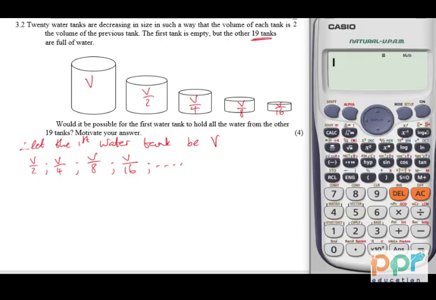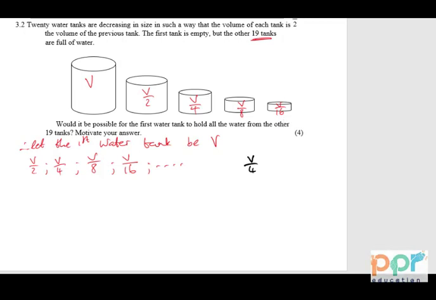So what we can do, we'd say V over 4 divided by V over 2 and see what it's all about. So we know V over 4 divided by V over 2 is the same as V over 4 times 2 over V, and then this V and V, they will cancel each other, and then we go 2 into 4, we are going to 2, then the answer is half.